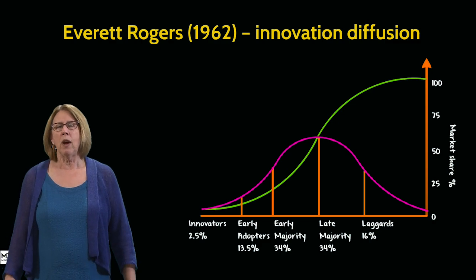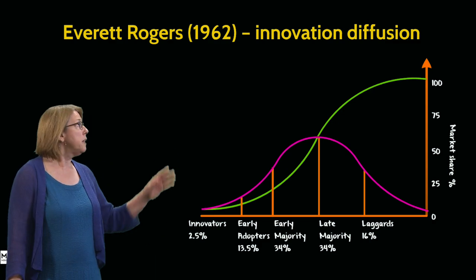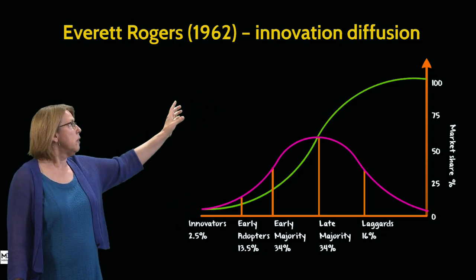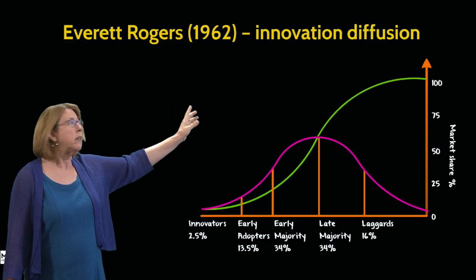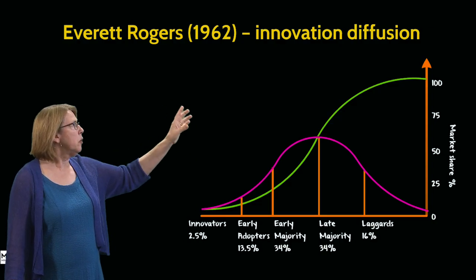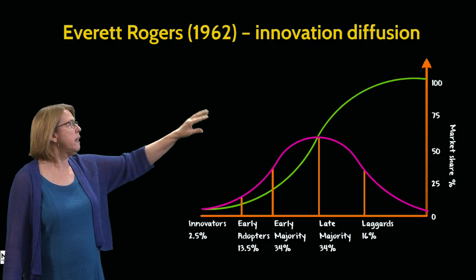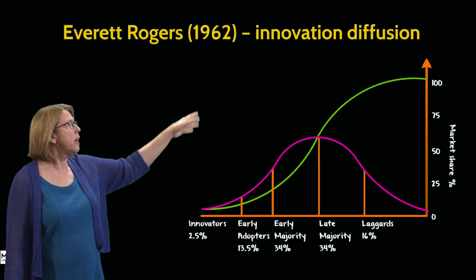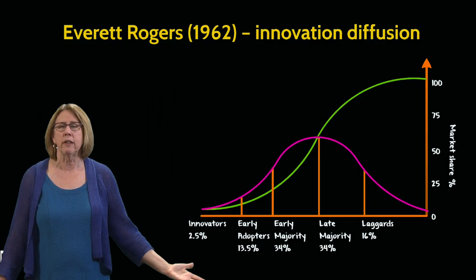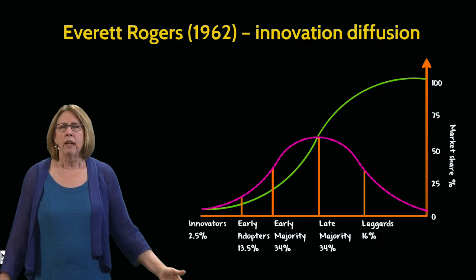And what Everett Rogers observed was that there was a pattern to adoption. There were the very, very early people, the innovators, the early adopters, early and late majority, and then finally the laggards. And over time, adoption might reach 100%, like we saw with the colored TV example.